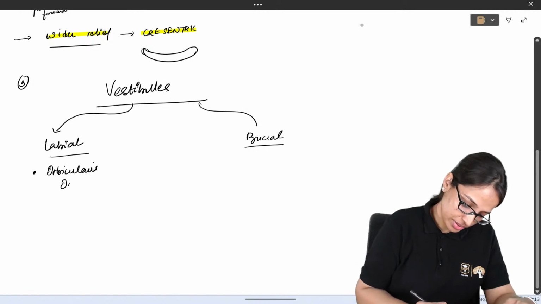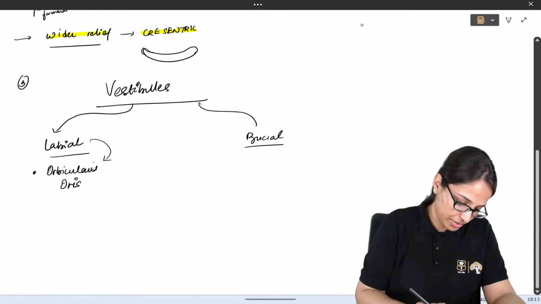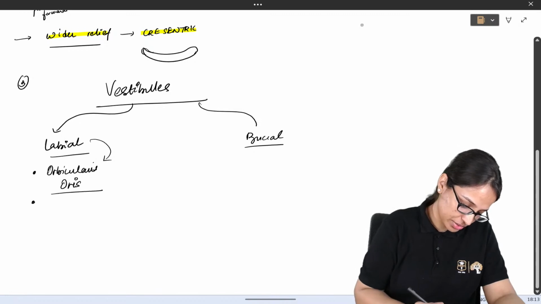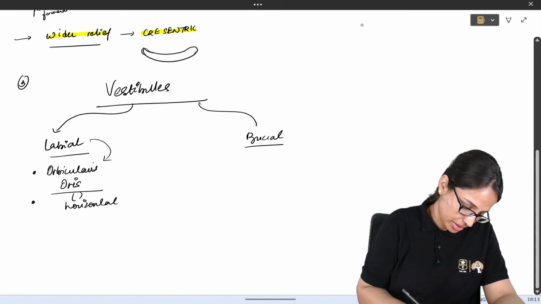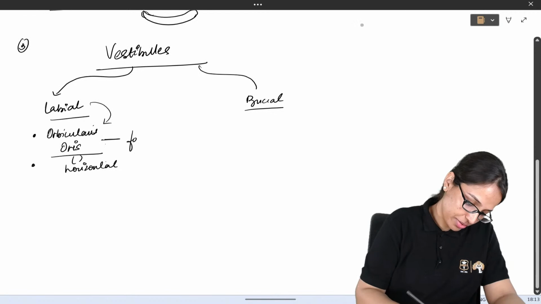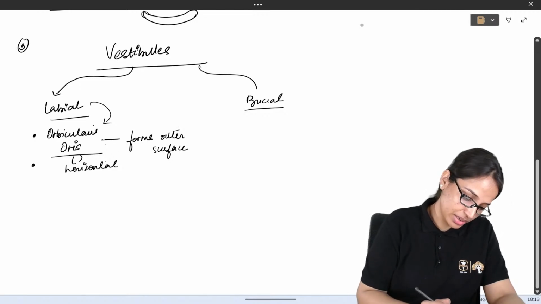Orbicularis oris is going to affect your labial vestibule because the fibers of orbicularis oris are horizontal. So it forms the outer surface of your vestibule, and it is the main muscle of the lip, right?